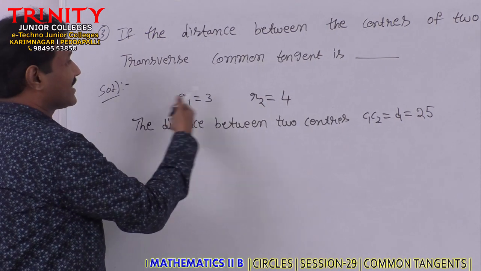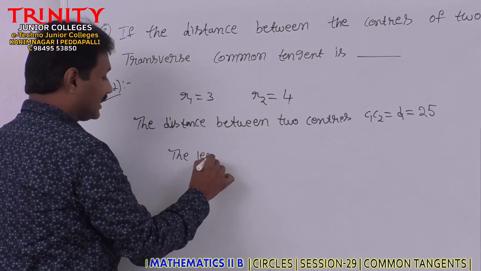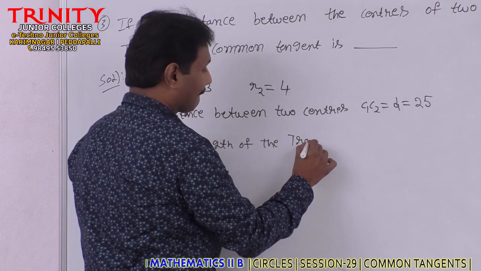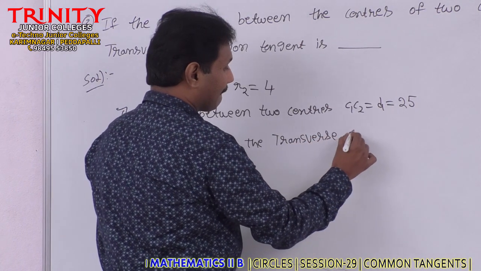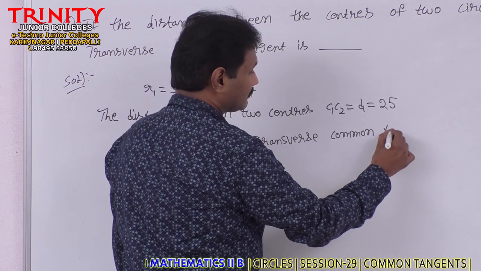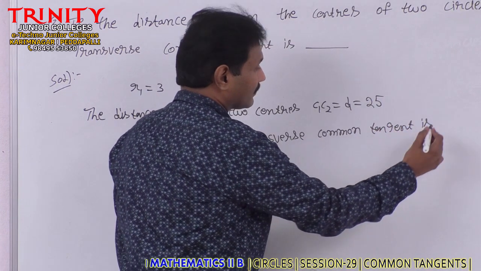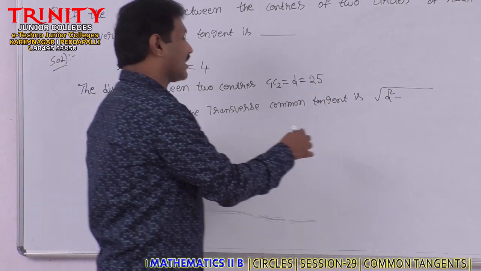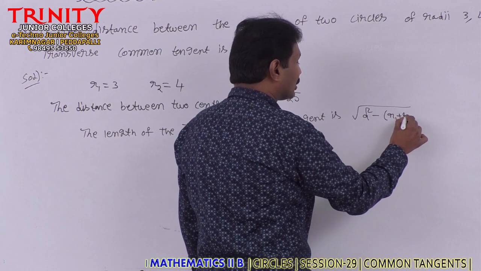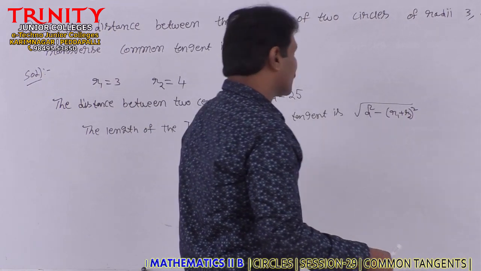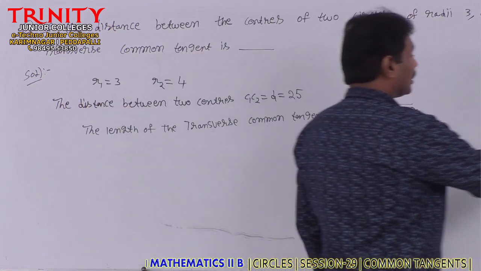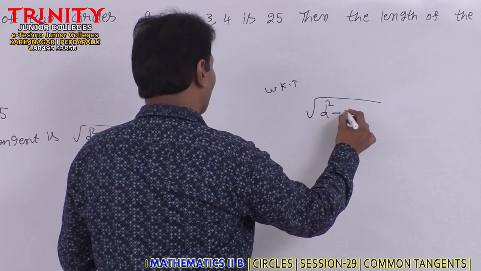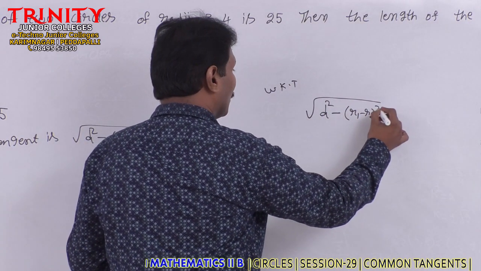The length of the transverse common tangent is the square root of d square minus (r1 plus r2) whole square. And the length of the direct common tangent is the square root of d square minus (r1 minus r2) whole square.